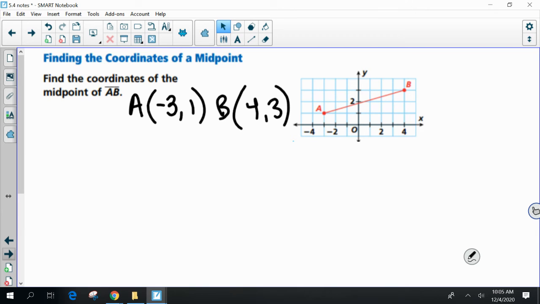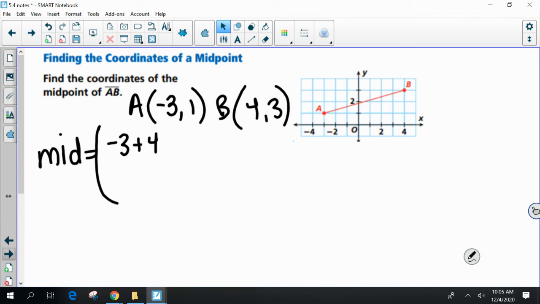So then I'm going to plug those into my midpoint formula. It is x1 plus x2, so my -3 plus 4 divided by 2, comma, and then I add my y's and divide by 2. So 1 plus 3 divided by 2.